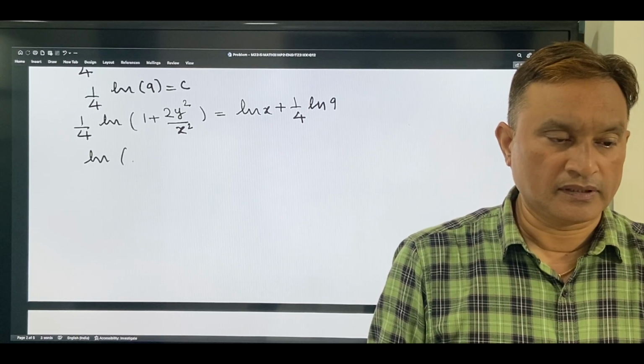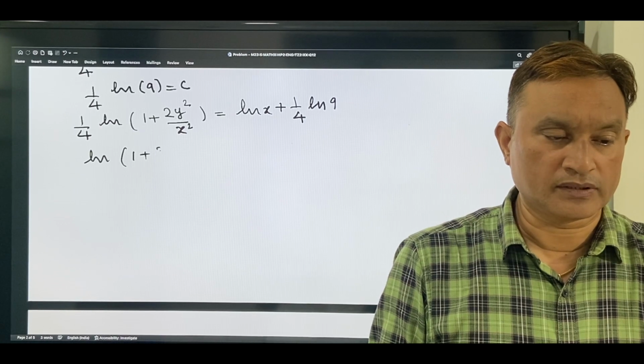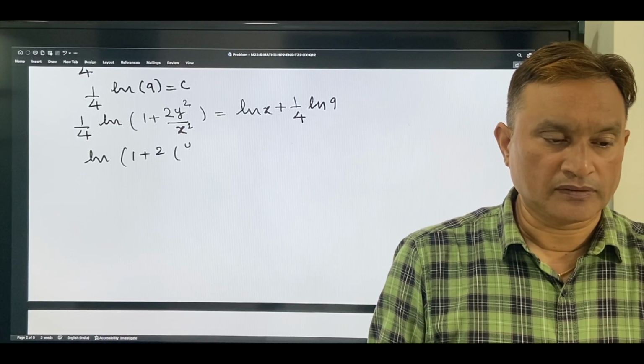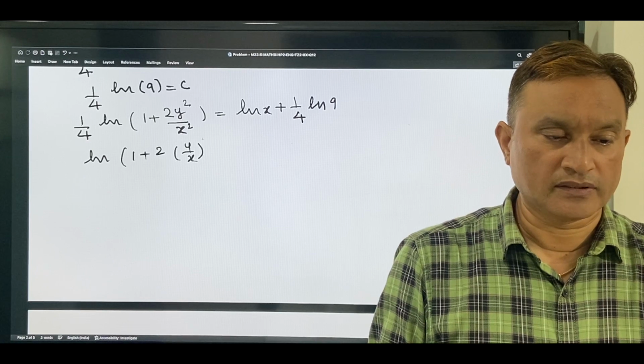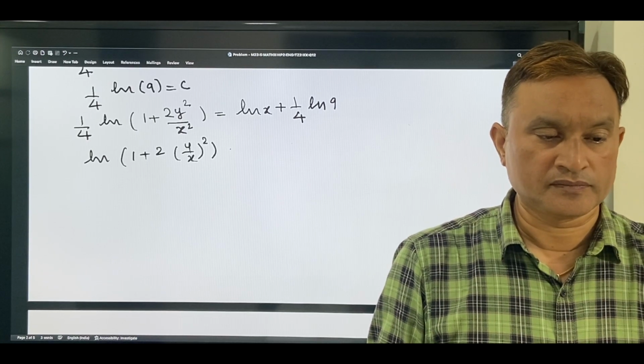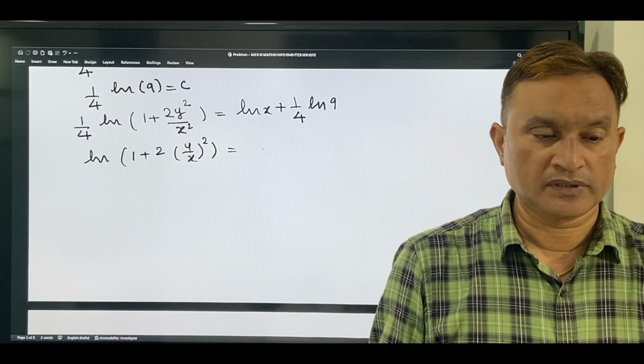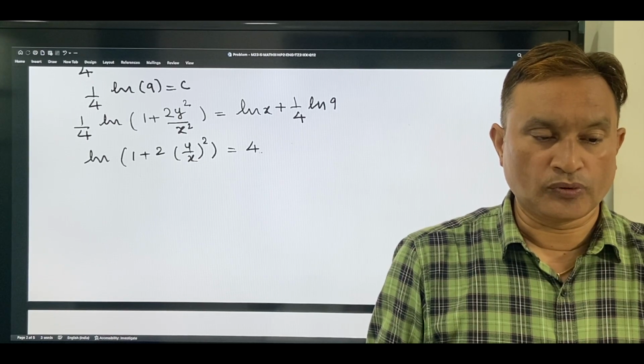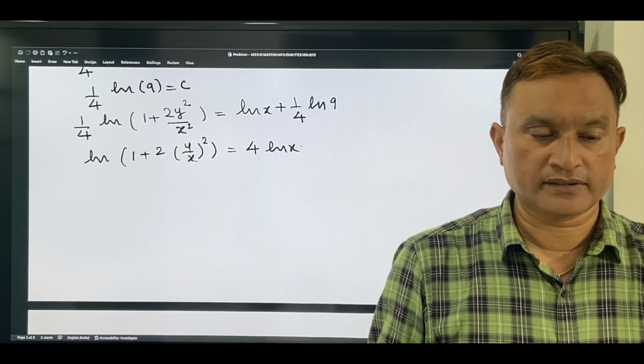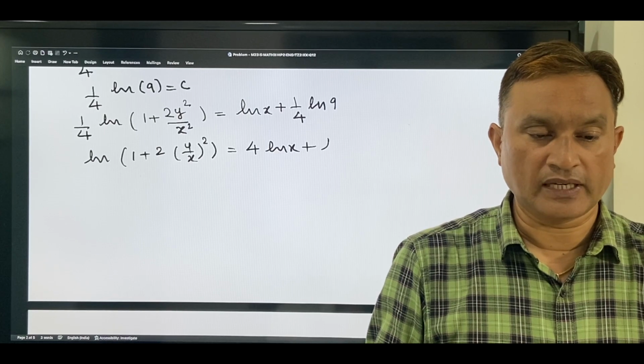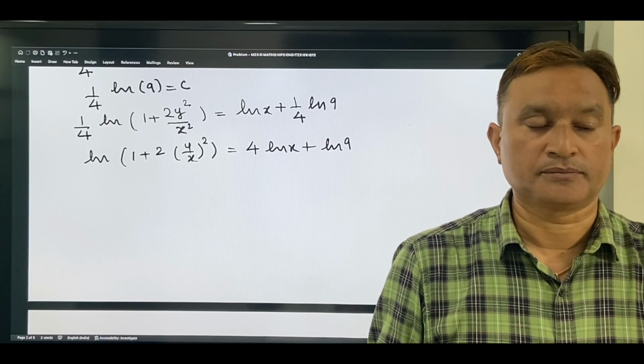Ln (1 plus 2y upon x) whole square equals to 4 ln x plus ln 9.